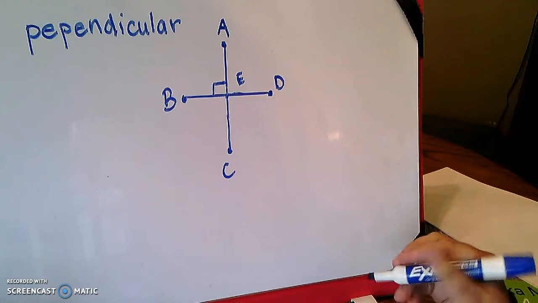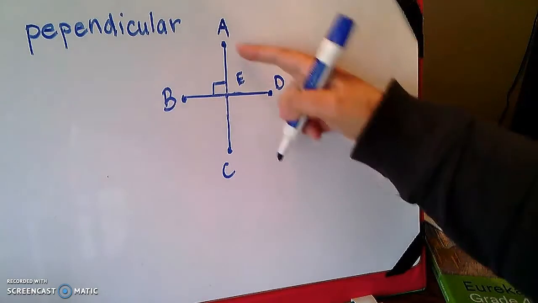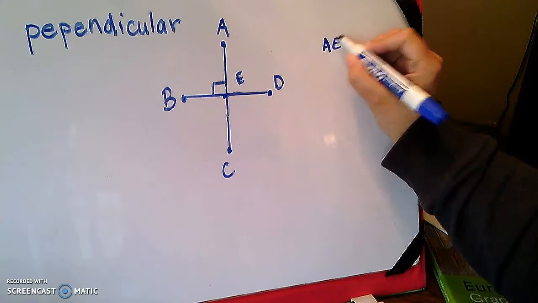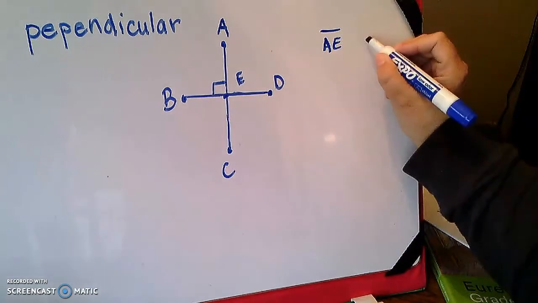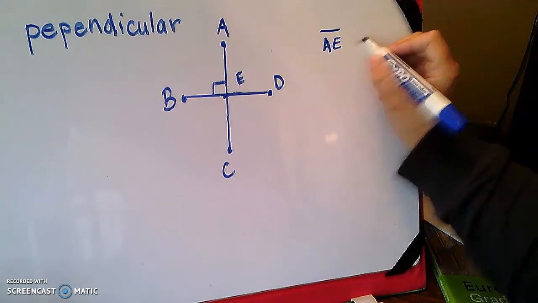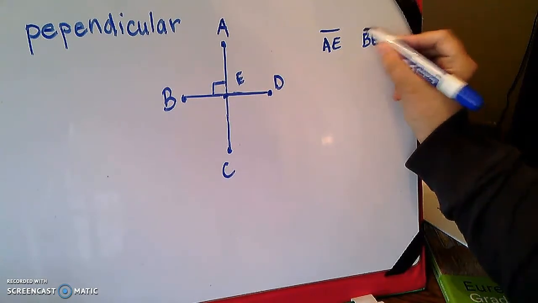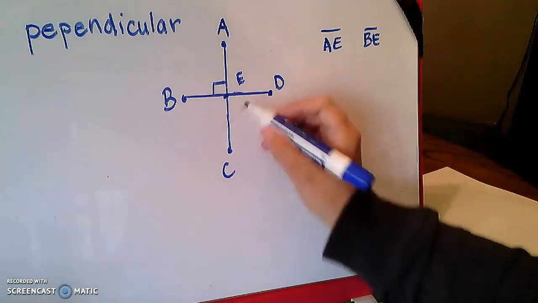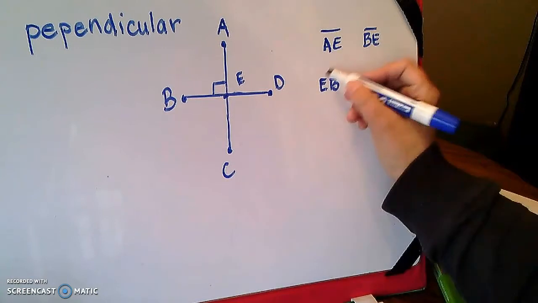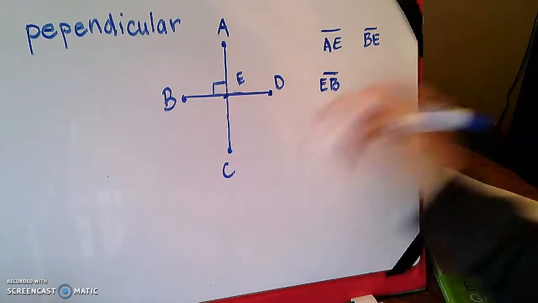All right, so now I have line segment AE. I have line segment EC. Or no, I have line segment BE is perpendicular to it. And then I could also say that I have EB is perpendicular to this line segment here, EC.